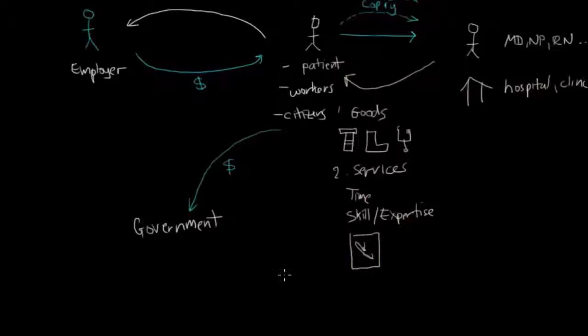And remember, it's not just one person, but just as with an insurance company, there are many citizens that are going to be paying taxes to the government. So in a sense, the government is also assisting with risk sharing.